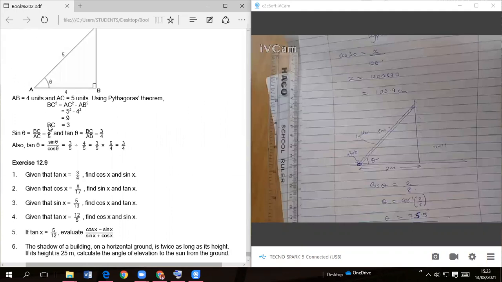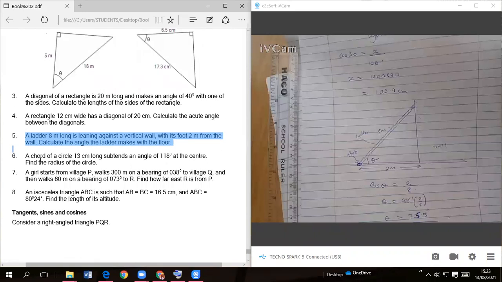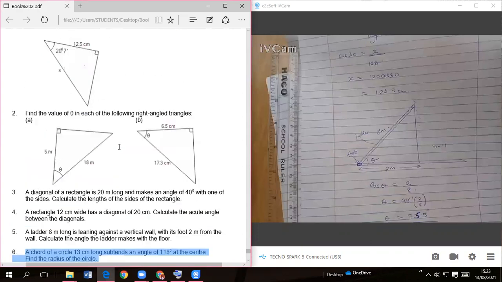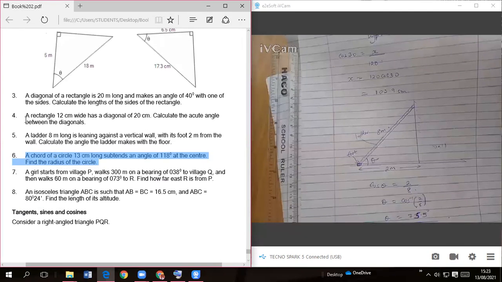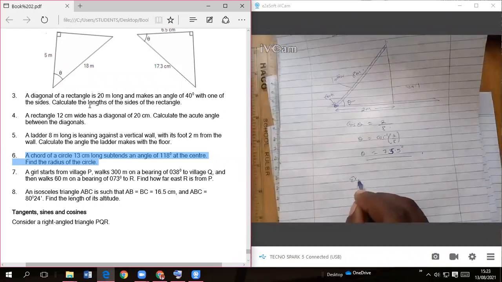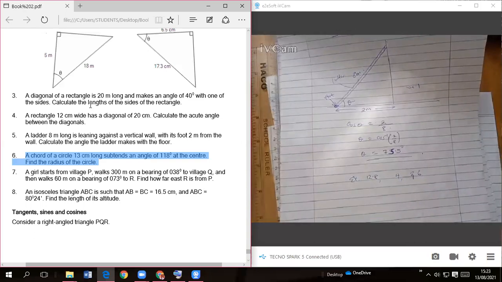This is exercise 12.8, you do number 4 and number 6.